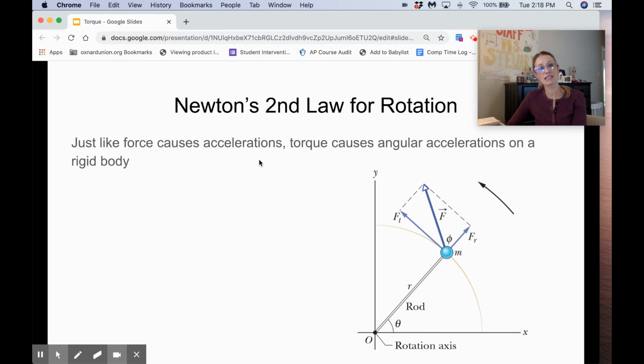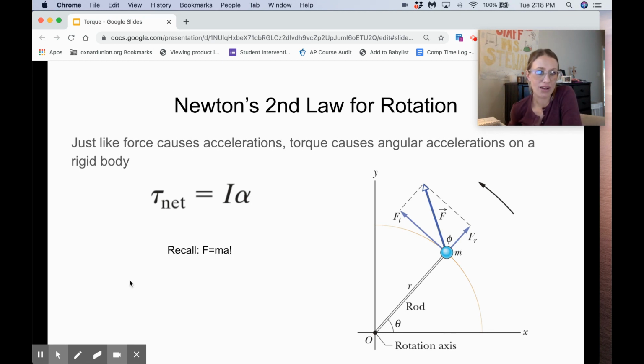Now, just like forces cause accelerations, torque causes angular acceleration. Remember, this is the angular, or rotational, analog of our linear force variable. We know that force is equal to mass times acceleration. If we translate that into our angular form, we get that our net torque is equal to I, our rotational inertia, times our angular acceleration alpha.